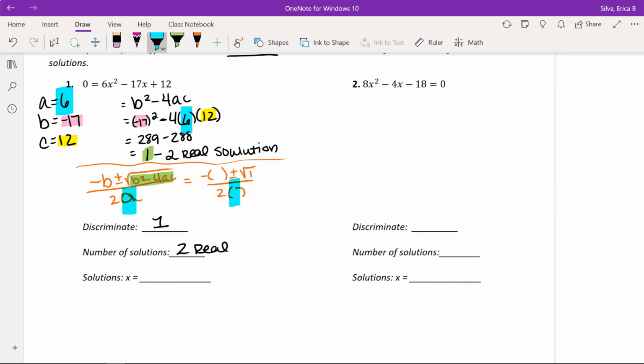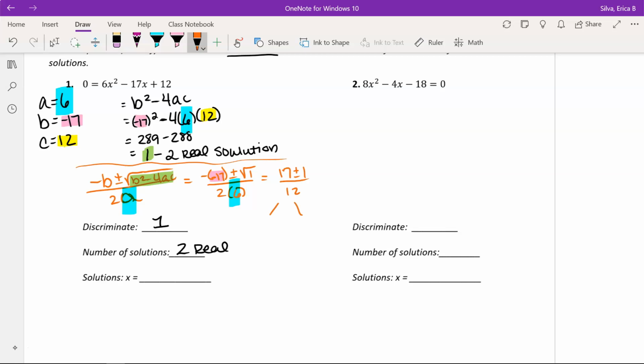Your a is 6, and then the b is negative 17. Again, make sure that you put that negative 17 inside. So negative and a negative is a positive. We get 17 plus or minus square root of 1, which is 1, divided by 12.